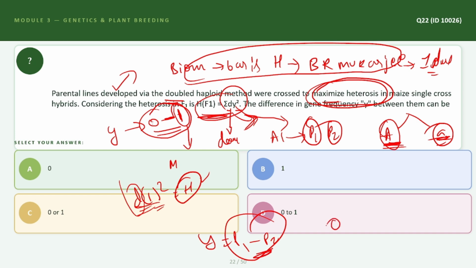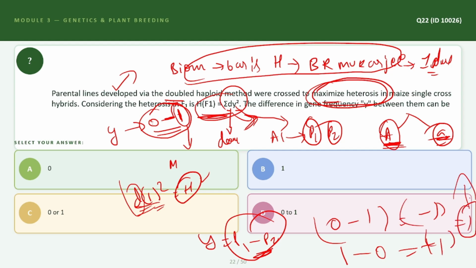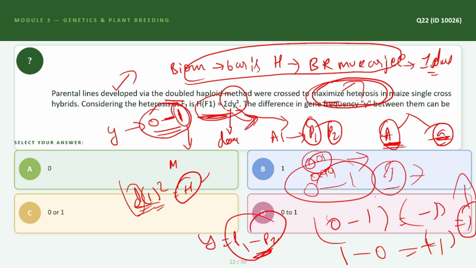For example, you substitute 0 for one parent and 1 for the other. You will get minus 1, and 1 minus 0, you will get plus 1. You square it, both will become 1. So in this case only, you will get maximum heterosis. If you substitute intermediate values, then if you take 0 to 1, it will take 0.99 also, 0.01 also. Then it is less than 1 only. Okay. That's why the answer is 0 or 1.